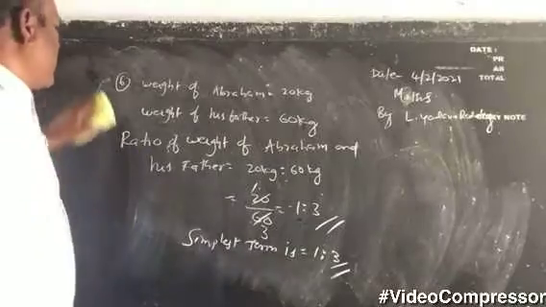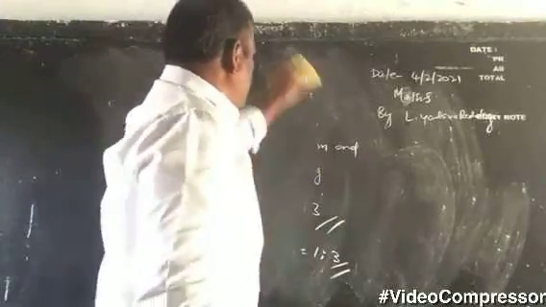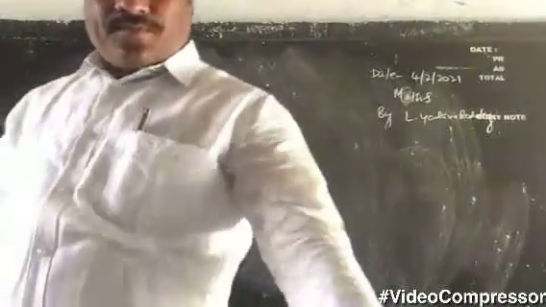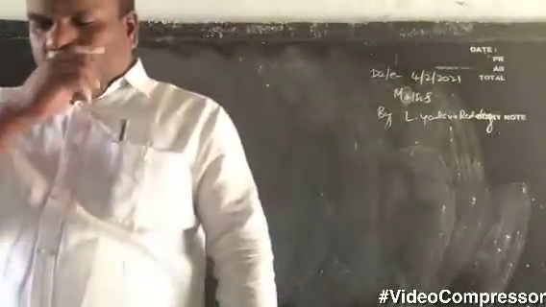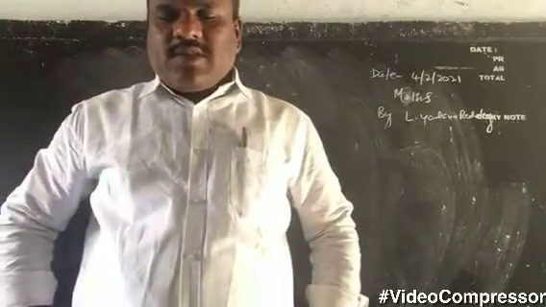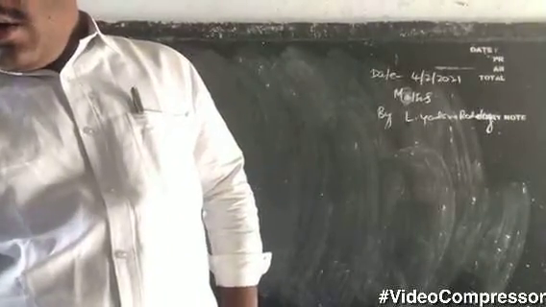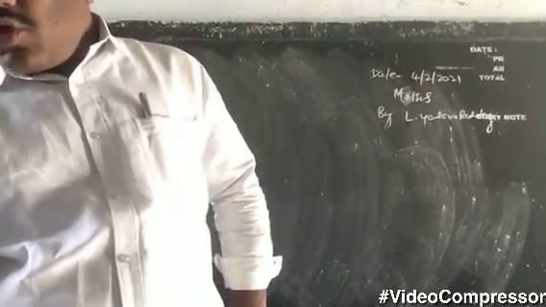Now the last problem from exercise 11.2. Ramu spent 2 by 5 of his money on a storybook.